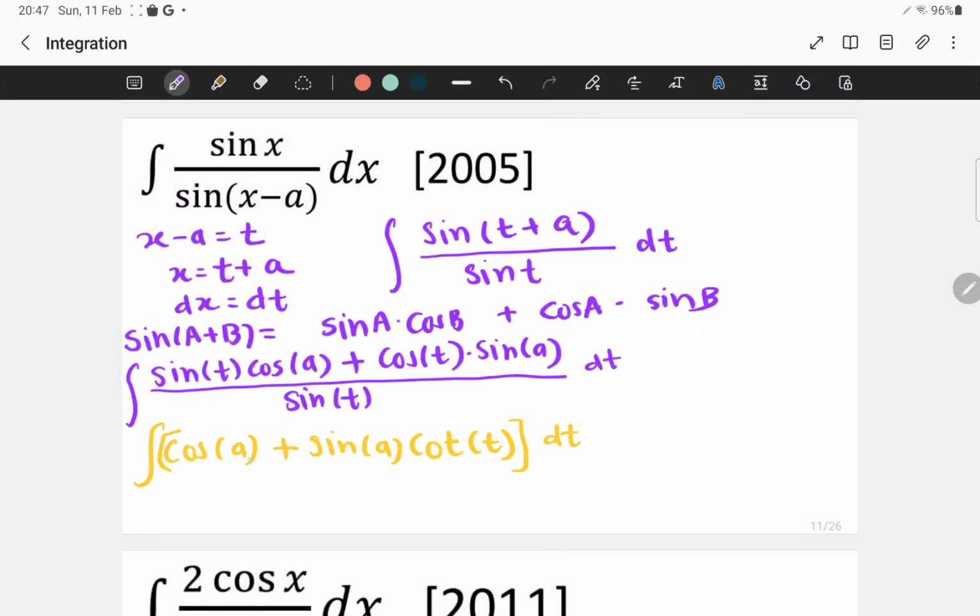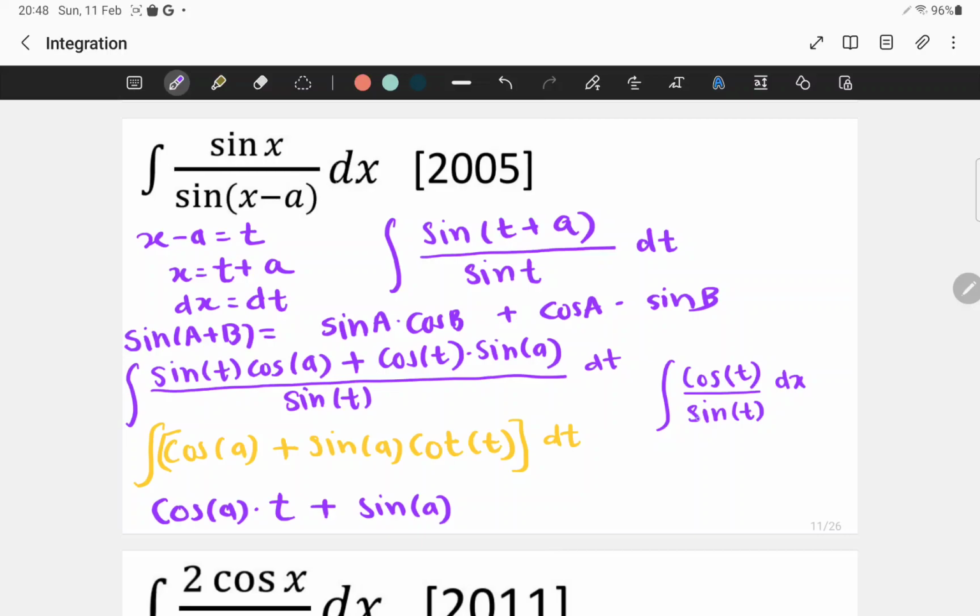So integration: cos of a is a constant, so cos a into t plus sin a will come out, and for cot t, there is a formula, cot t is cos divided by sin, if you remember.